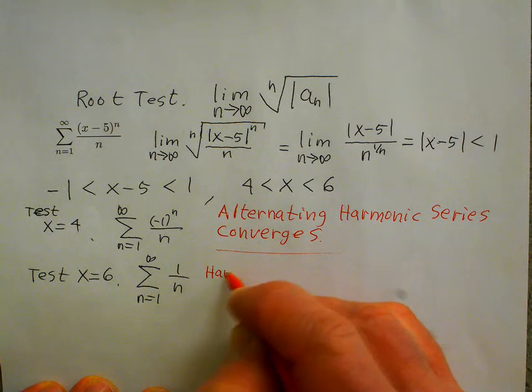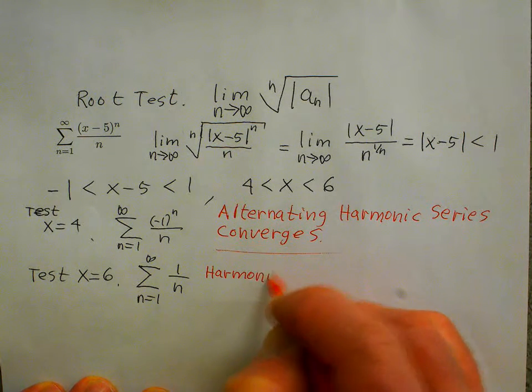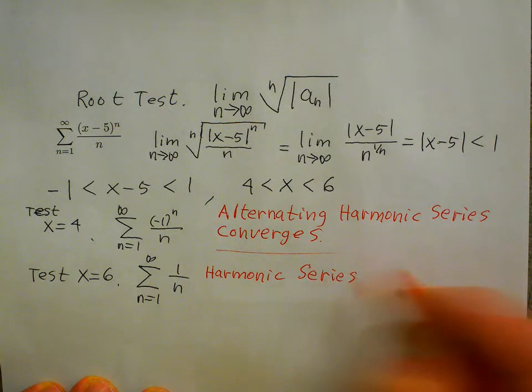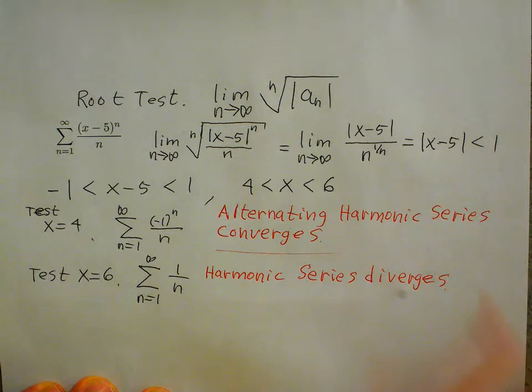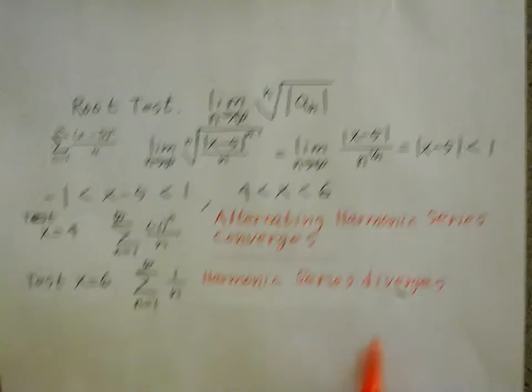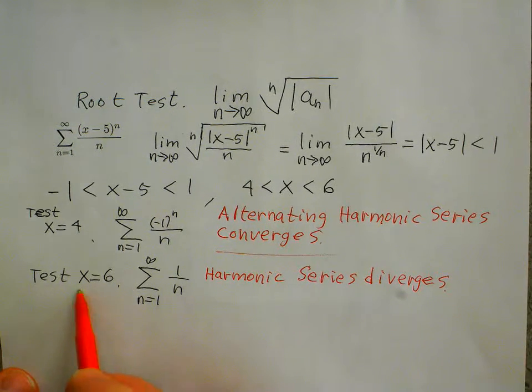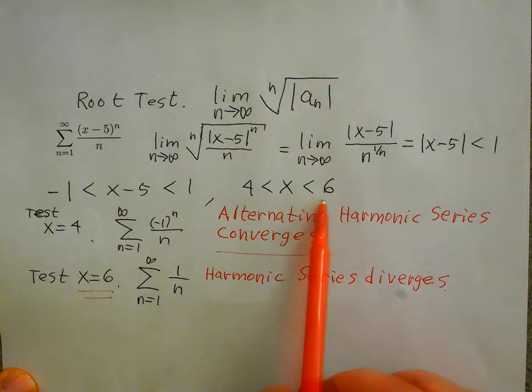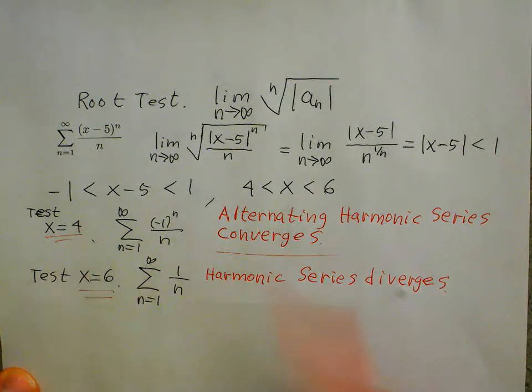So always remember the harmonic series diverges, and the alternating harmonic series converges. Okay, so we're going to exclude 6 from the interval of convergence, and we're going to include 4.